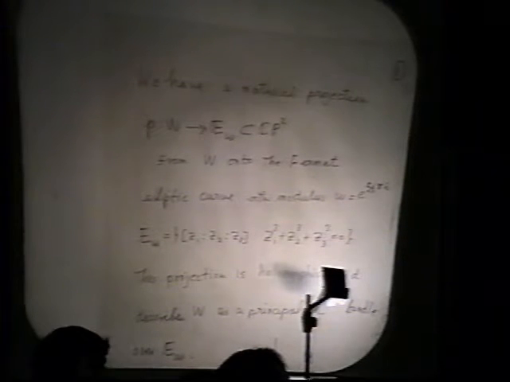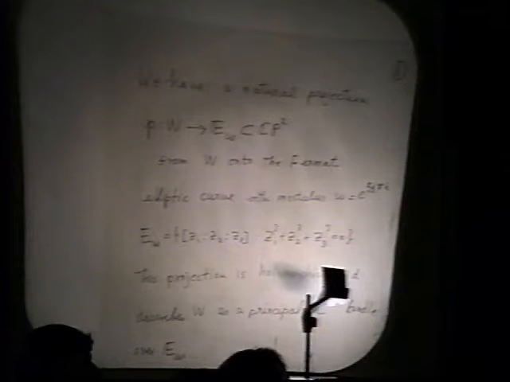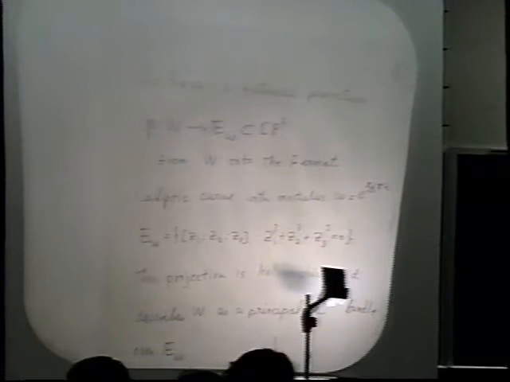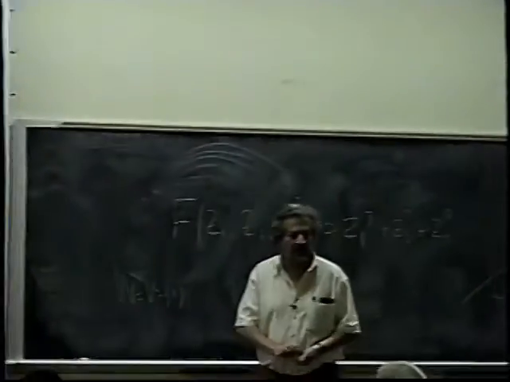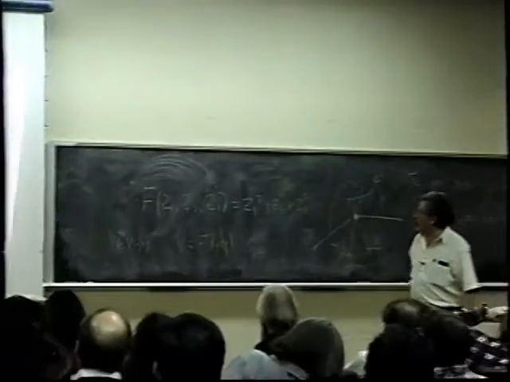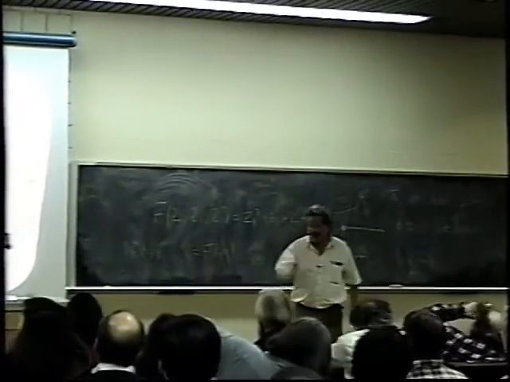W is the deleted, the punctured Milnor, singular Milnor fiber. So we subtract the origin from here, so it's an open cone, a complex cone, and then obviously this projectivizes to a cubic.